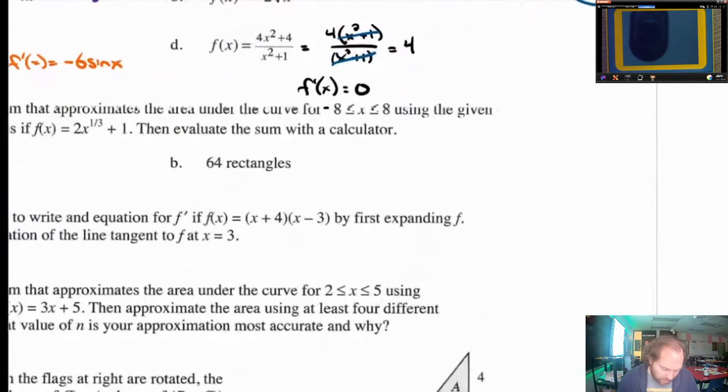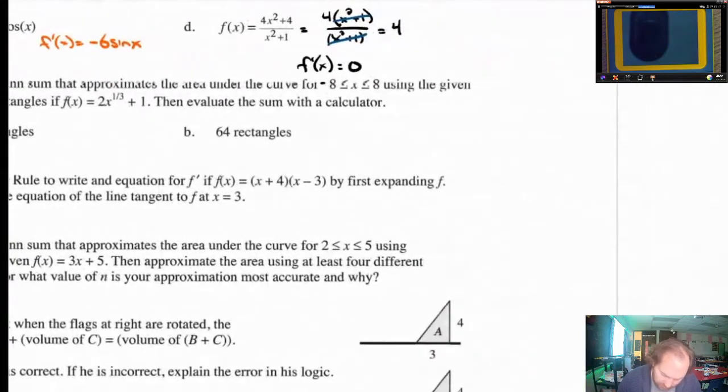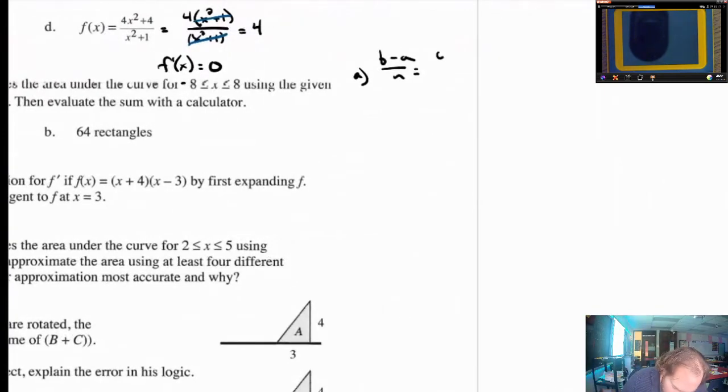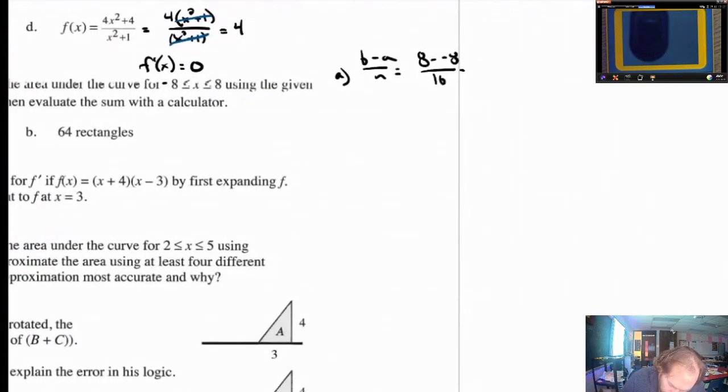Using the given number of rectangles, if f of x is something. Okay, so let's just break this down for question A. Well, first thing we have to do is b minus a over n. We need that calculation for a lot of things. In this problem, that's going to be 8 minus negative 8 over, in problem A, it's 16. So that's actually nice because that's 16 over 16, which is just 1.